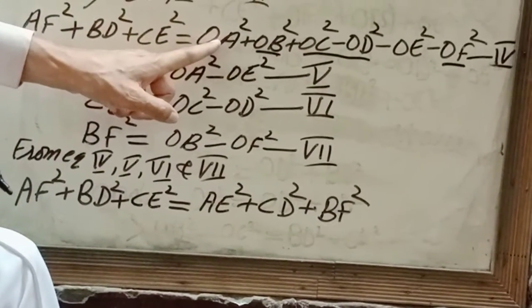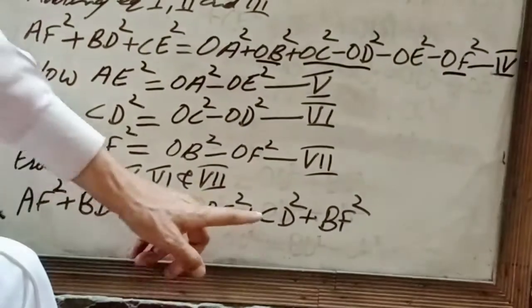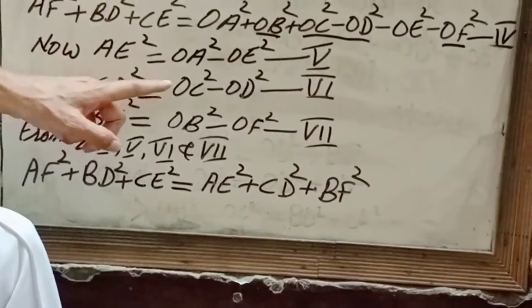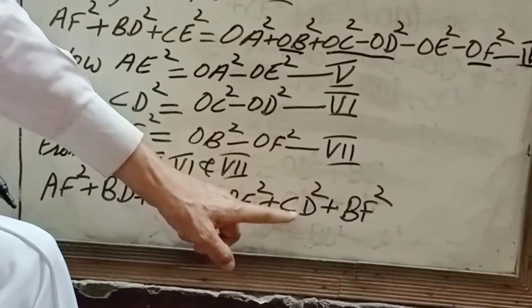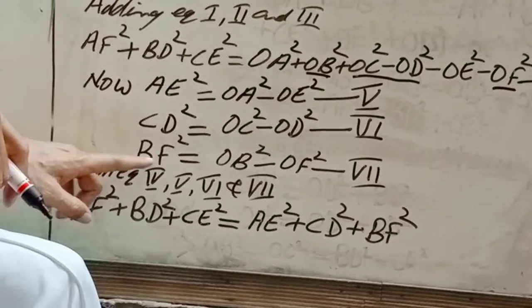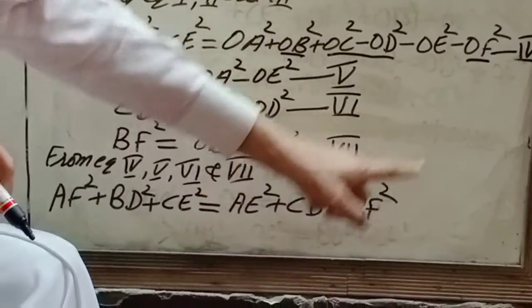Similarly, CD square replaces OC square minus OD square here, and similarly BF square replaces these two.